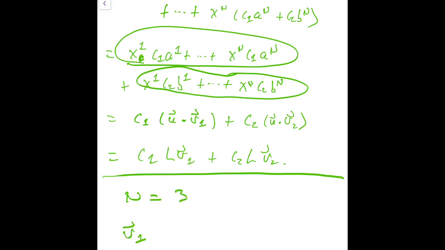Let V1 be the vector x1, y1, z1, and V2 can be the vector x2, y2, z2, and then U can be the vector, you can pick what letters you want, say A, B, C. So run through this same proof in the specific case when n is equal to 3. I think that will help you understand it if you don't, and if you think you do understand it, this will check your understanding.